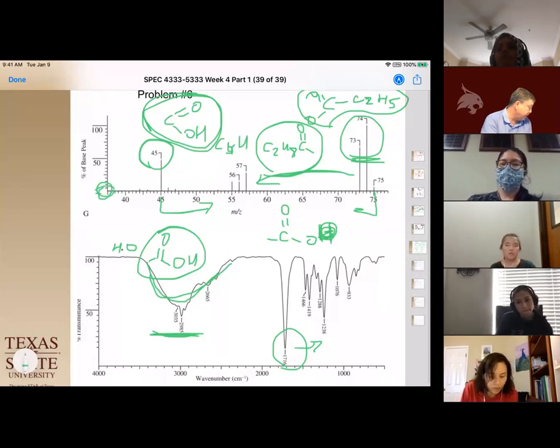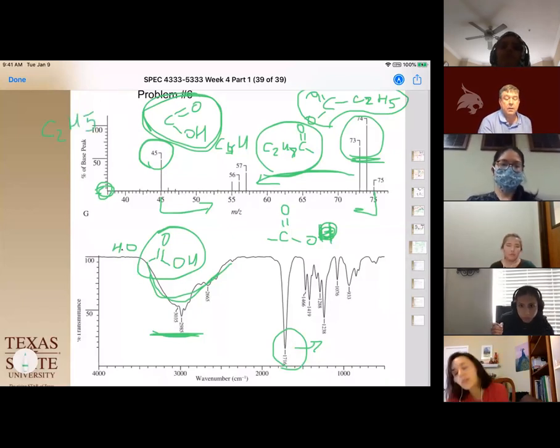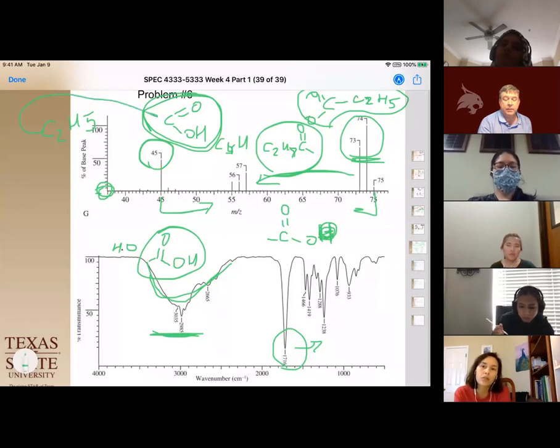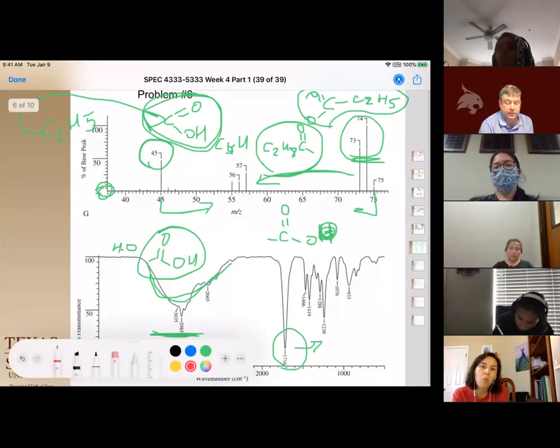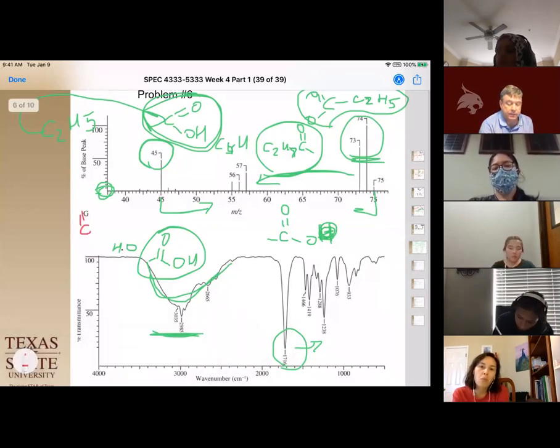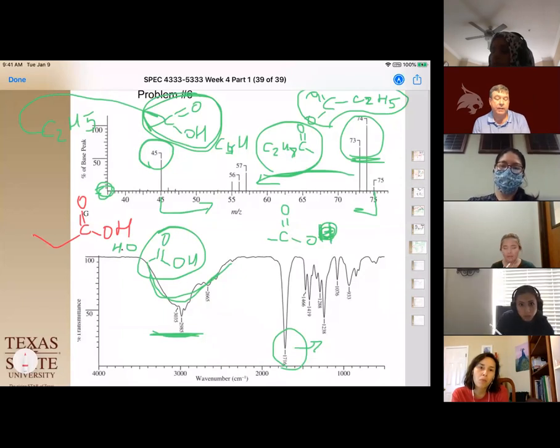But what would 29 be? 29 is C2H5. So we have to have a C2H5 attached to this fragment here. So that tells us what we have. That answers our question right there. If this fragment is one of our major fragments, and this is the part that fell off, this must be our answer.